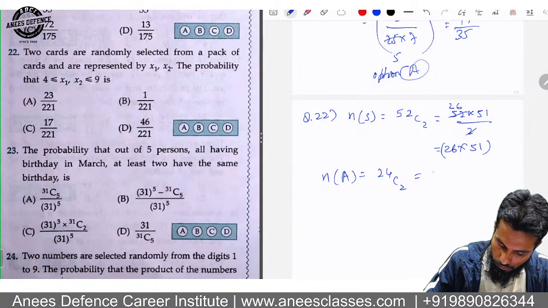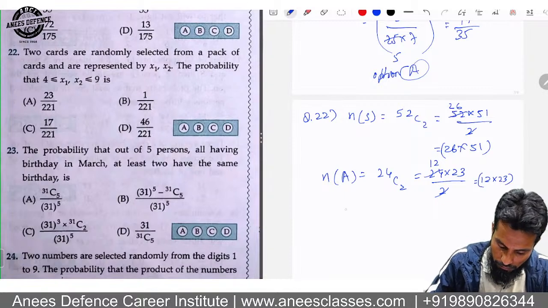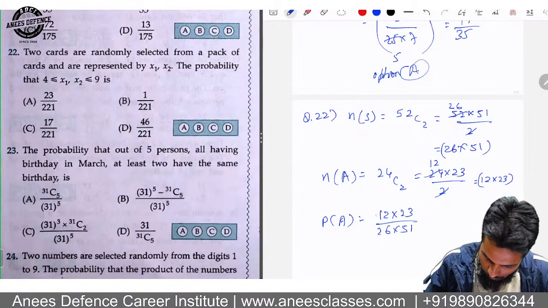So 24 C2 is equal to 24 multiply with 23 divide by 2. You can cut this 12. You will get 12 multiply with 23 like this. Just take the probability now. 12 multiply with 23 upon 26 multiply with 51.